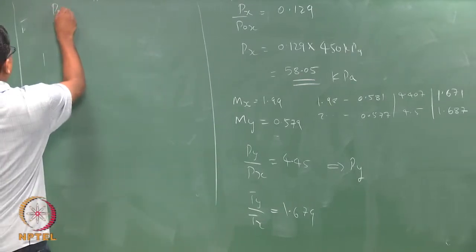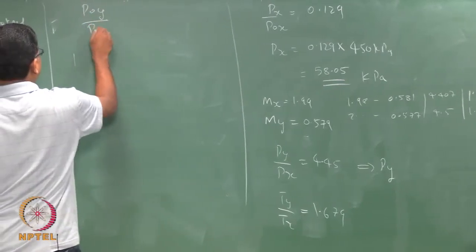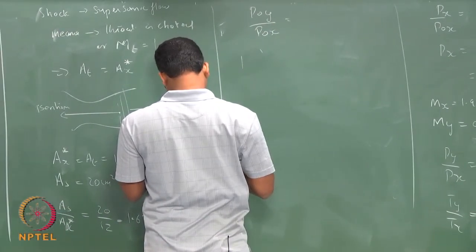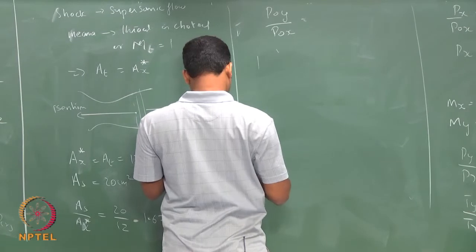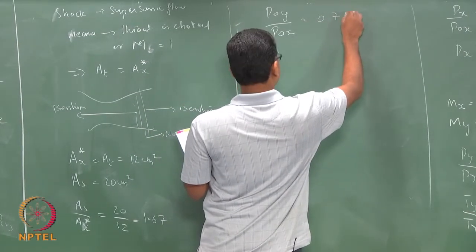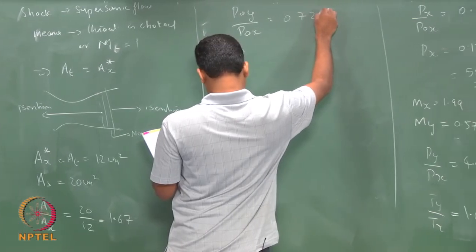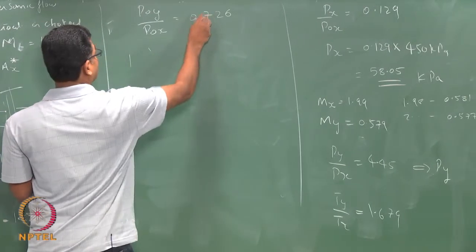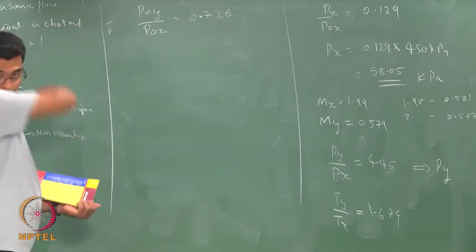So my P0y by P0x is again the average of these two values here. So it would be 0.726. Okay.